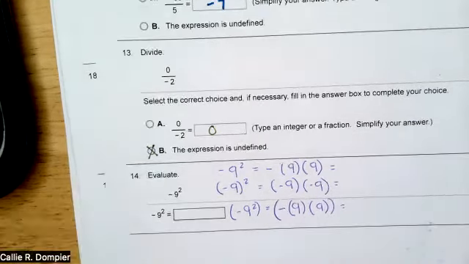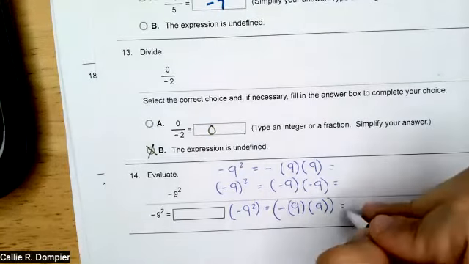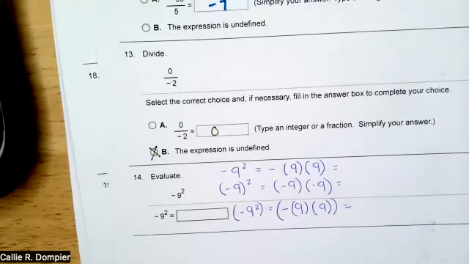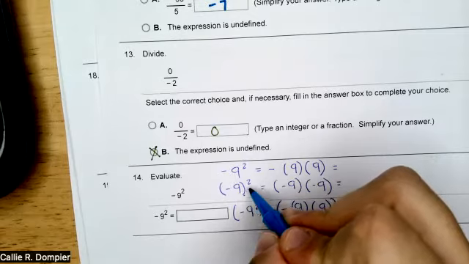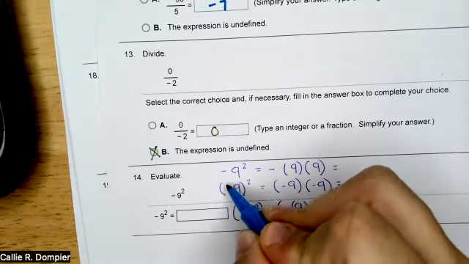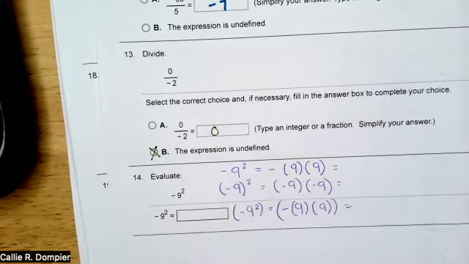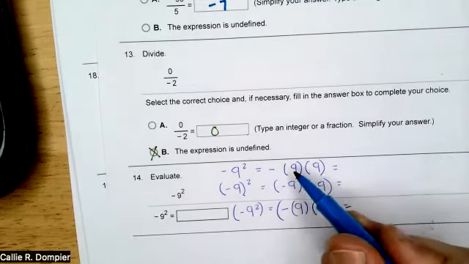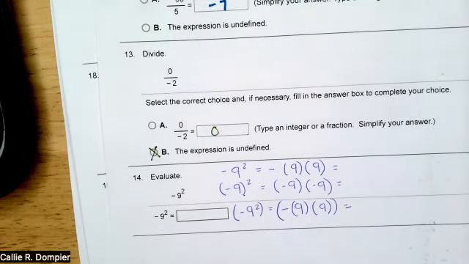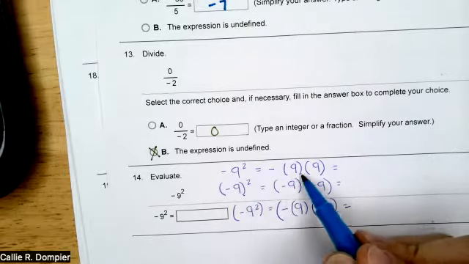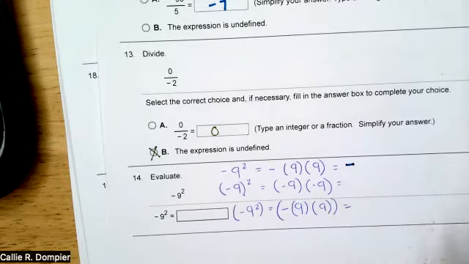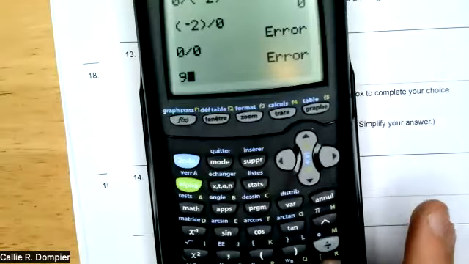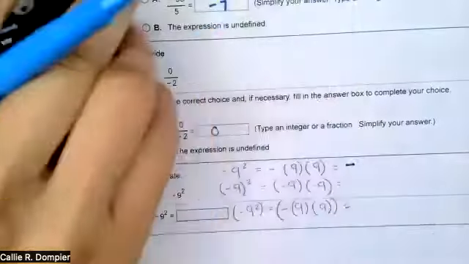I know that was on one of the quizzes and it was a terrible question. Unless there are parentheses exactly after the 2 and covering the negative, you treat those as positives. So negative 9 times 9 is a negative 81.